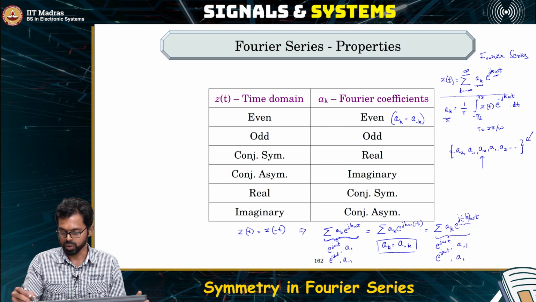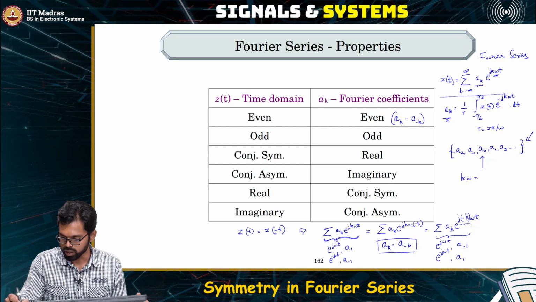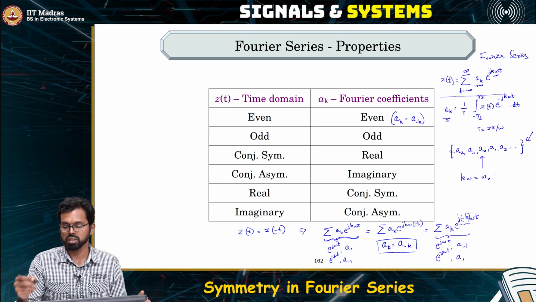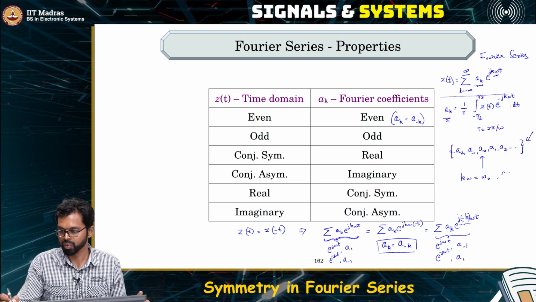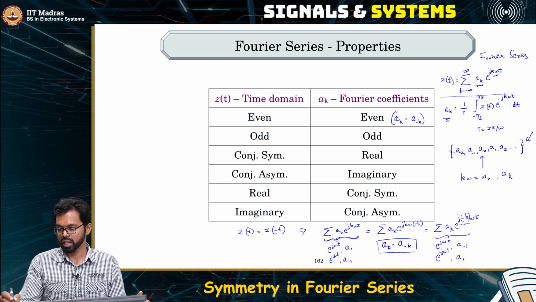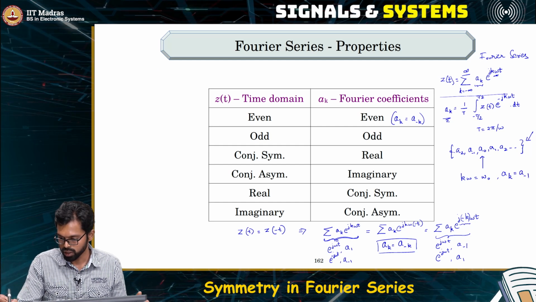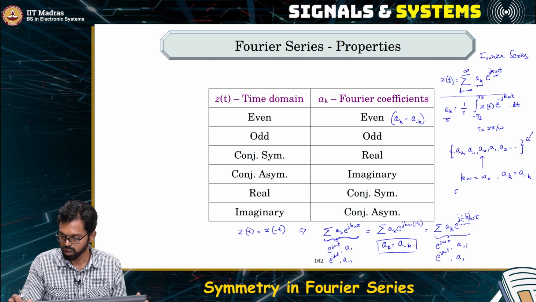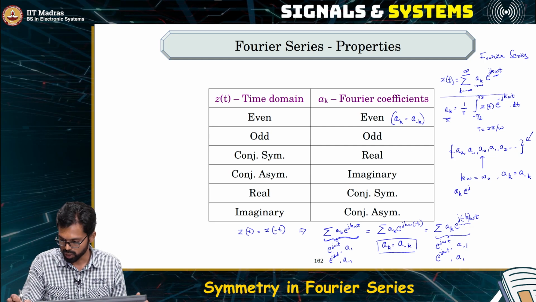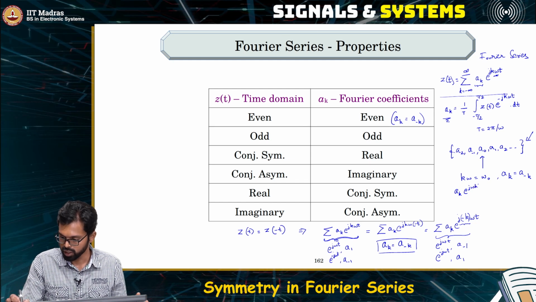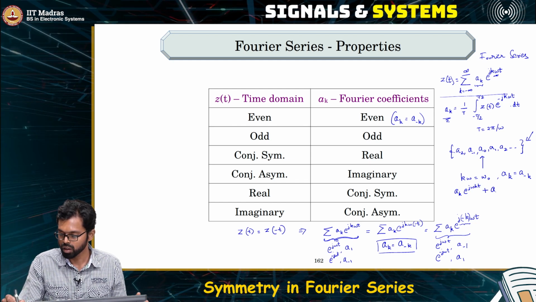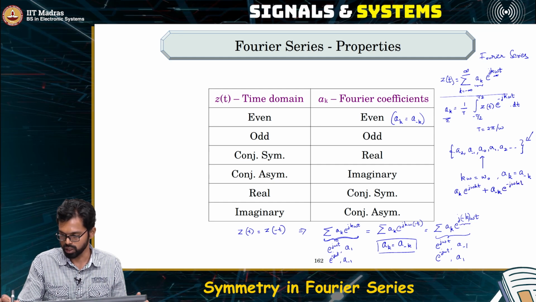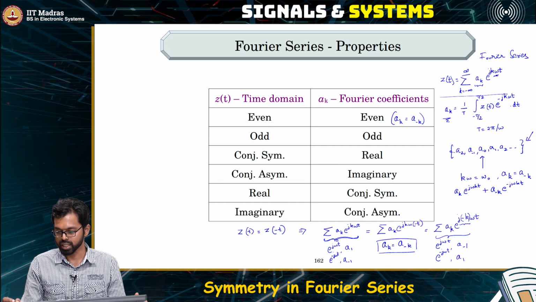Let's take a particular frequency, some k omega is equal to omega naught. And what we are saying is, for an even signal, this ak is equal to a minus k, which means we will have the component ak e power j omega kt, and this component also to be present in the signal, and their coefficients are exactly the same.